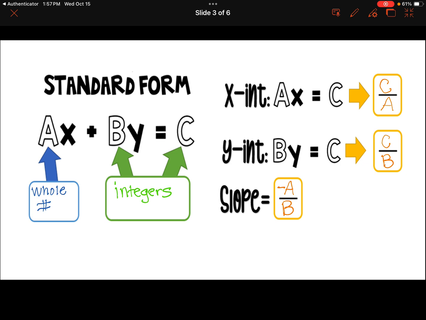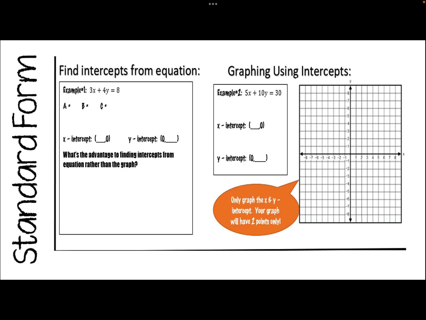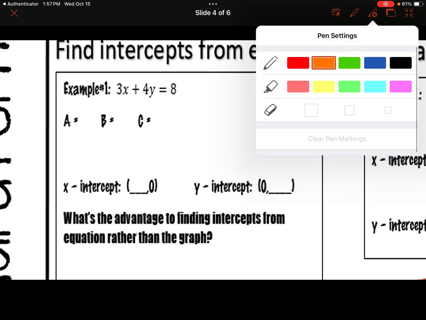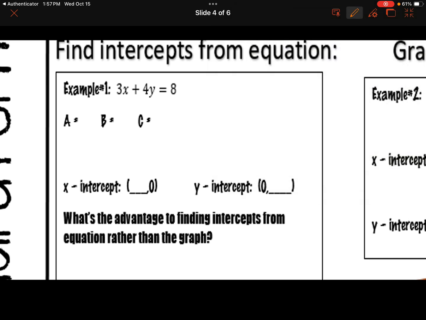So let's go ahead and open it up and try some. So first, I can find the x and y intercept from a graph. That always works. But I can also find the x and y intercepts from an equation.